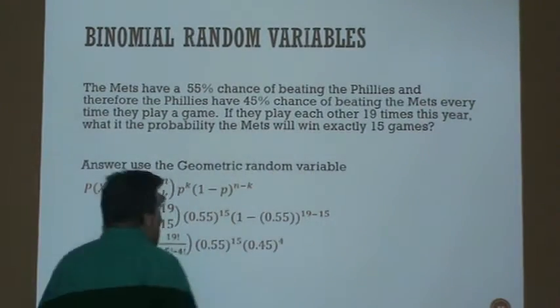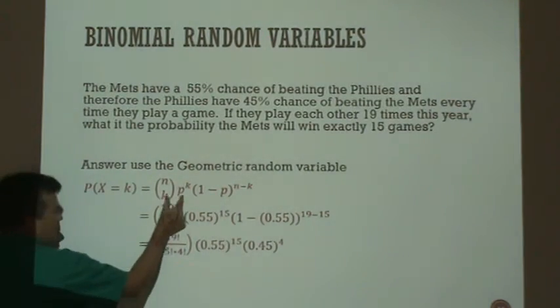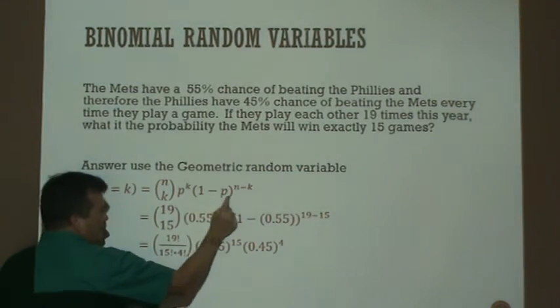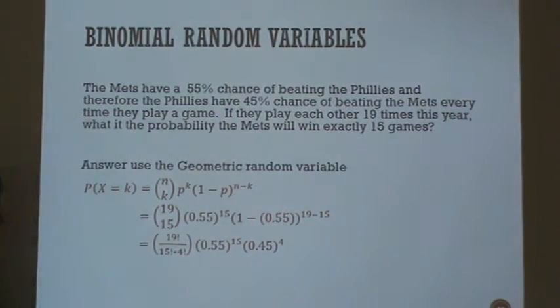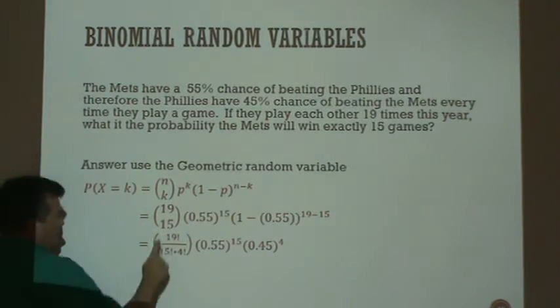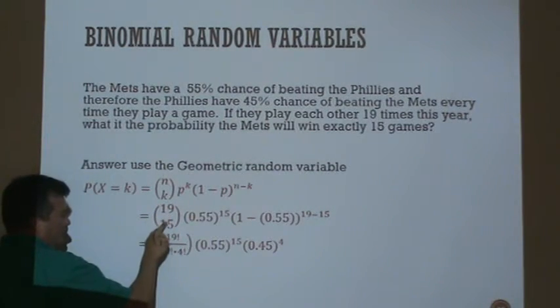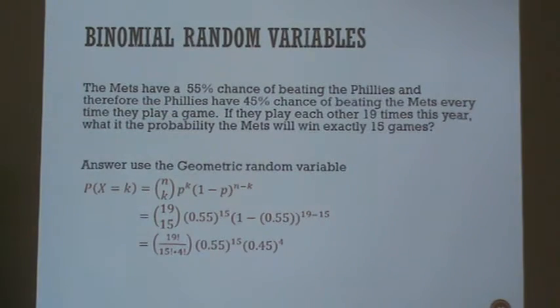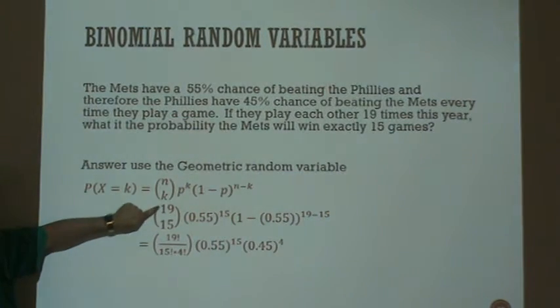So I want this event to happen k times, so it would be the Mets getting 15 wins and the Phillies getting 4 wins. And that would be 19 factorial divided by 15 factorial divided by 4 factorial, which is like picking 15 from 19.